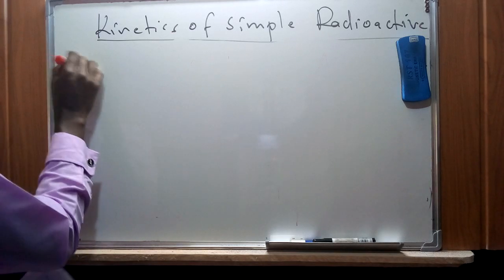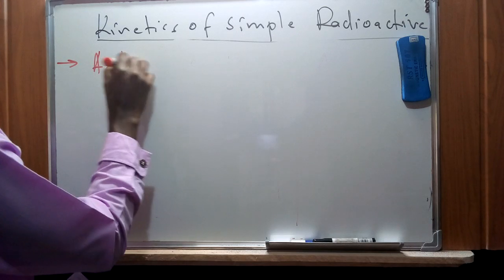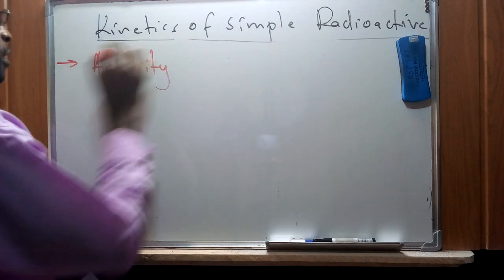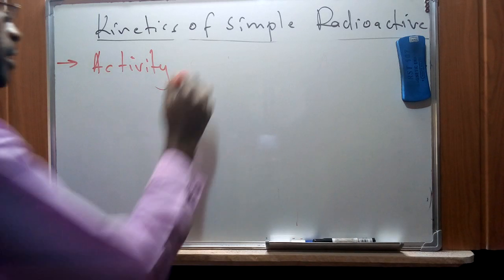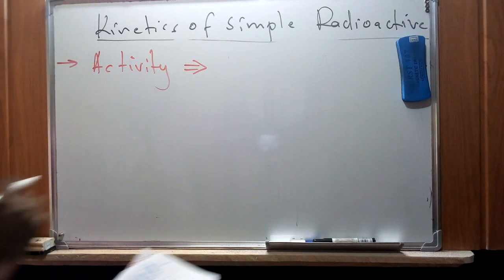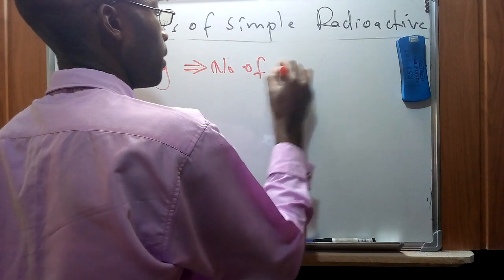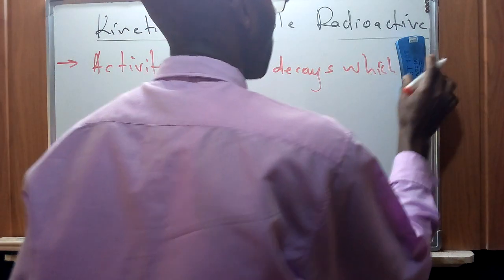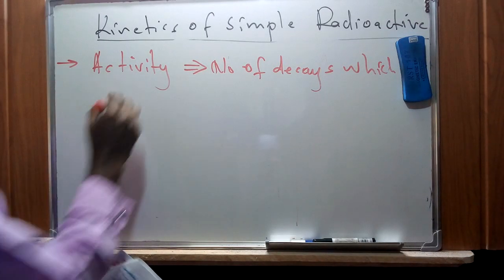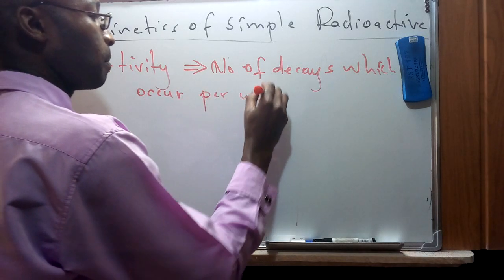So in radioactivity, the process of radioactive decay is referred to as activity. Radioactive decay, we refer to it as an activity of a radioactive source, which basically implies the number of decays which occur per unit time.